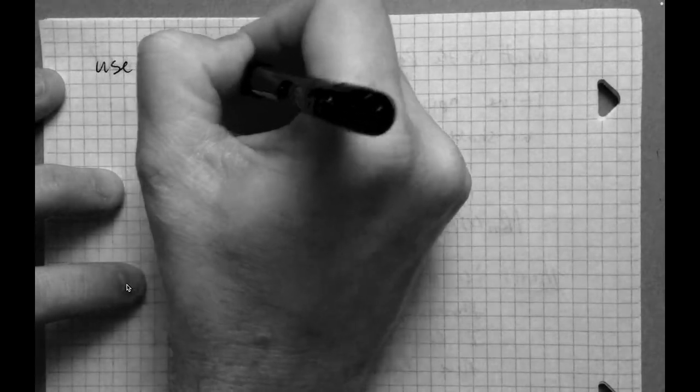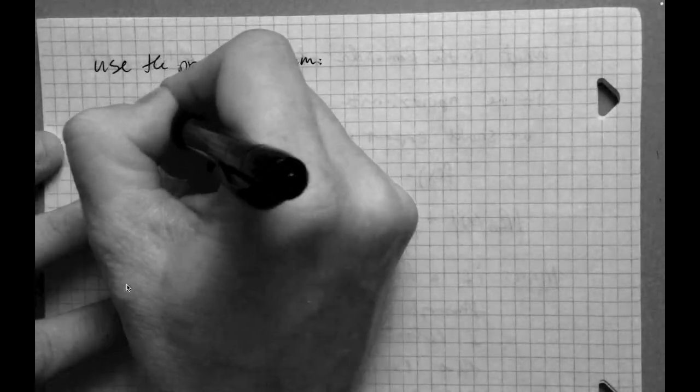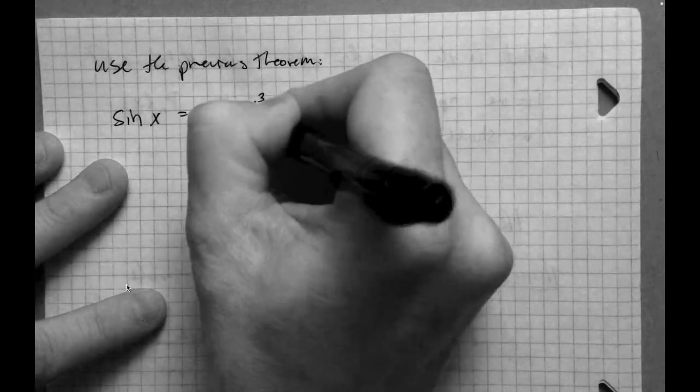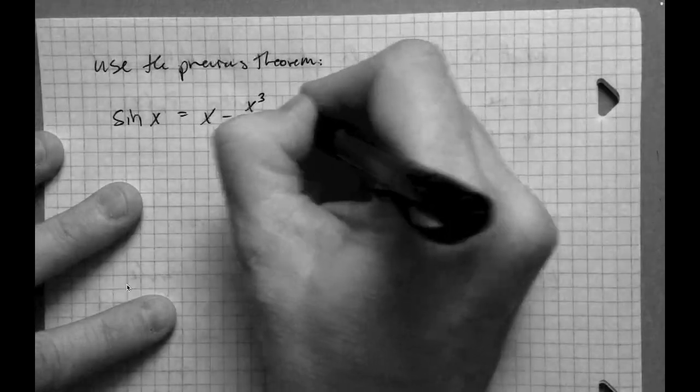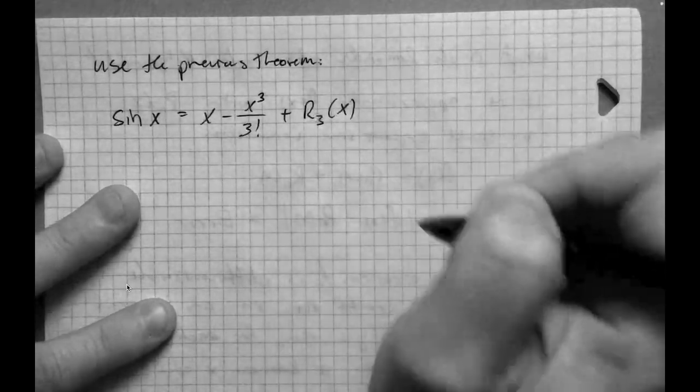Okay, so let's run through this. Basically, we're just going to use the previous theorem to approximate this. And so what we can say is that sine of x is equal to x minus x cubed over 3 factorial plus a remainder, R3 of x in particular.